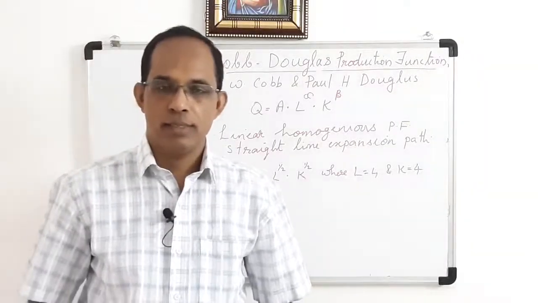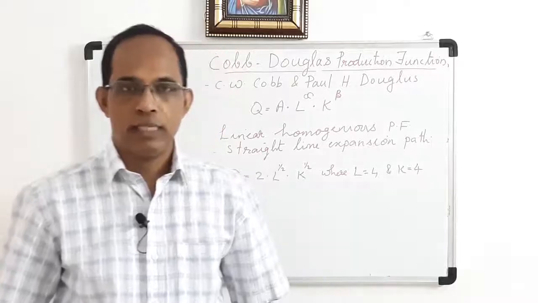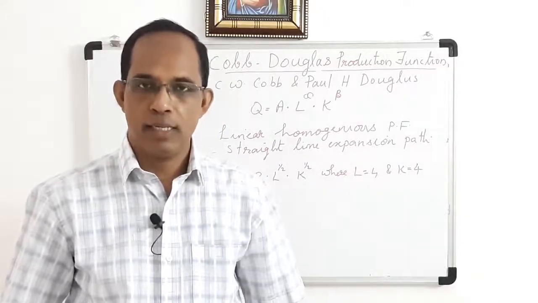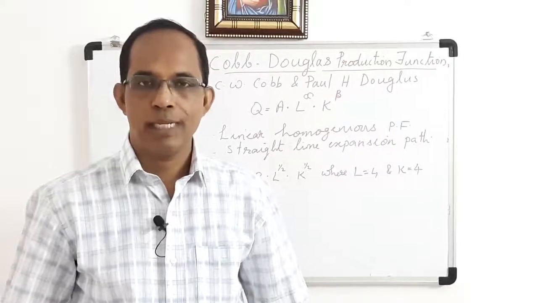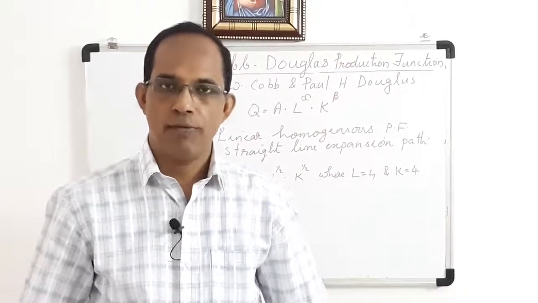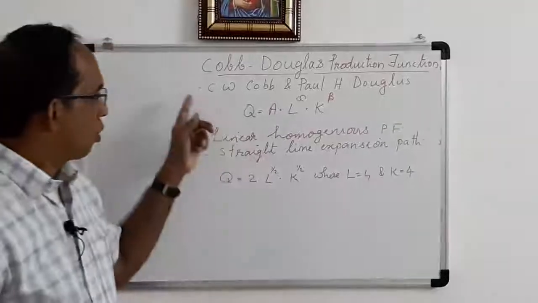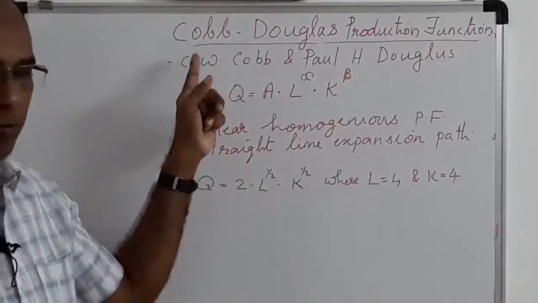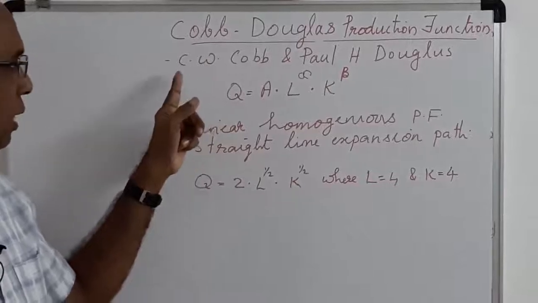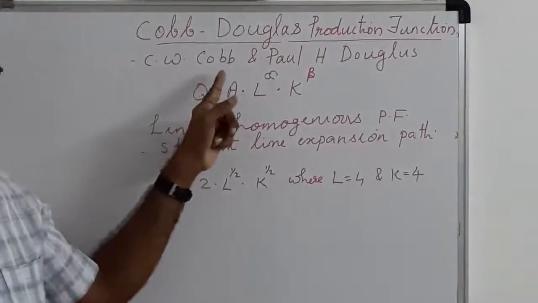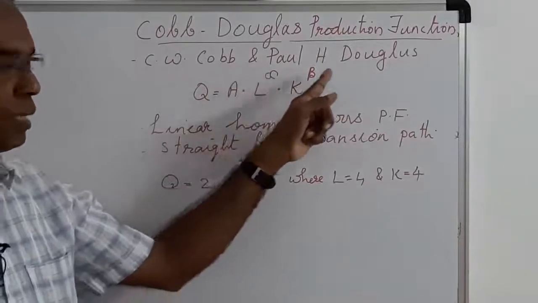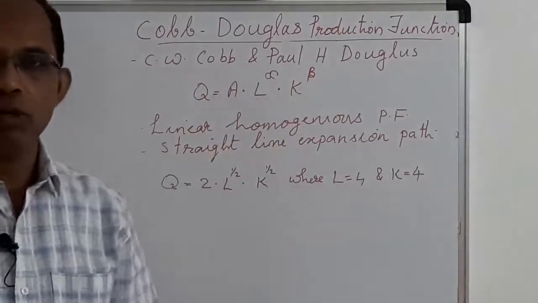Dear students, today we come with another important topic in production, that is the Cobb-Douglas production function. This production function was developed by C.W. Cobb, a mathematician, and Paul H. Douglas, an economist of America.